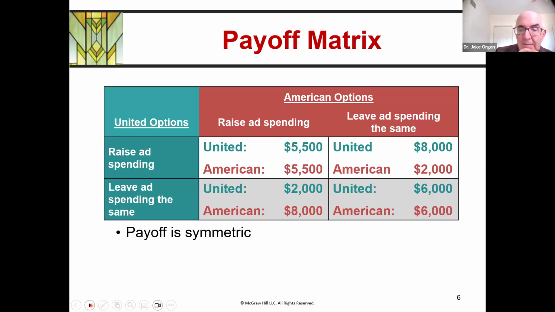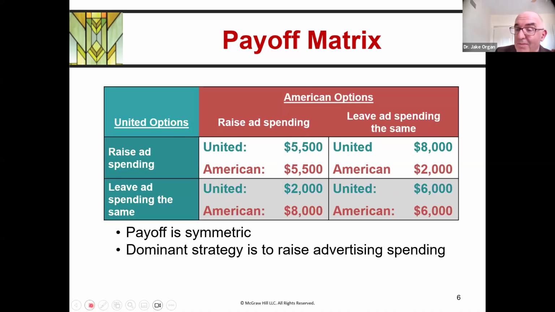So the payoff is completely symmetric, and ultimately the dominant strategy is to raise advertising spending. The reason is that, let's say United raise ad spending, they're going to make 5,500 as opposed to 2,000, because, remember, a dominant strategy is one that's correct whatever the other person does.